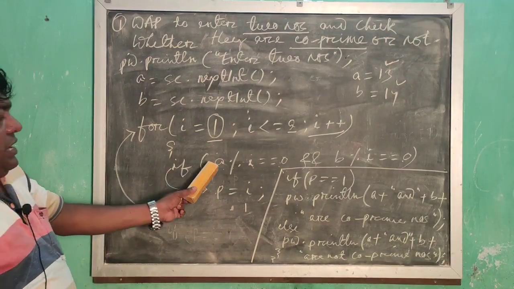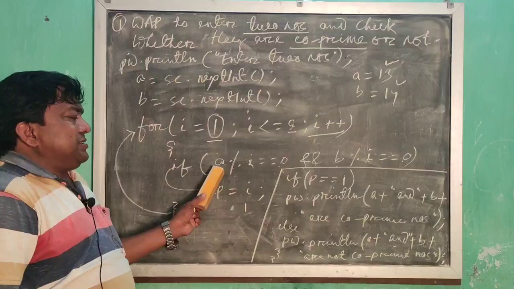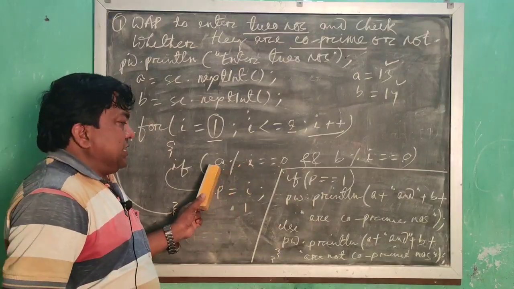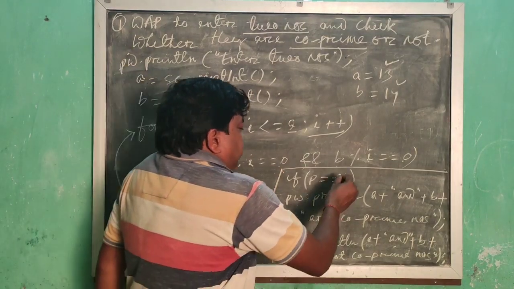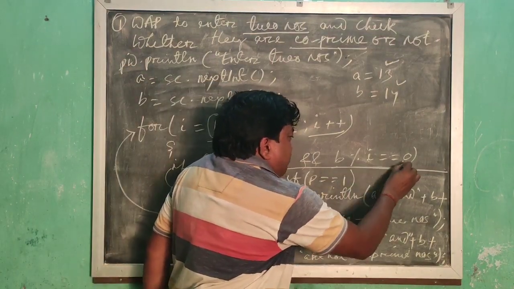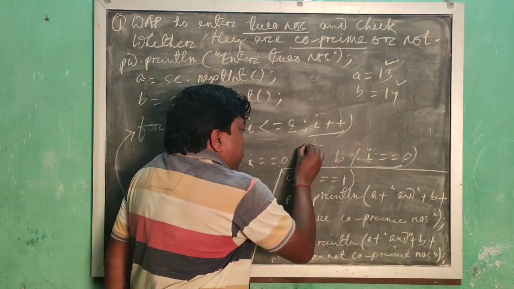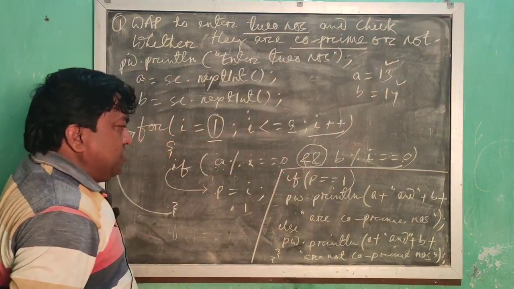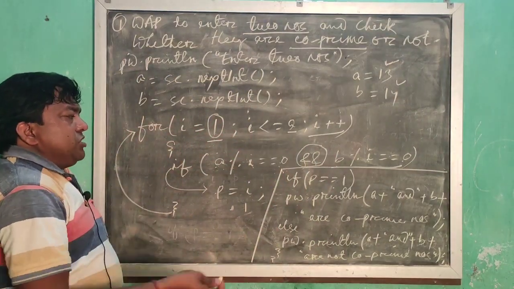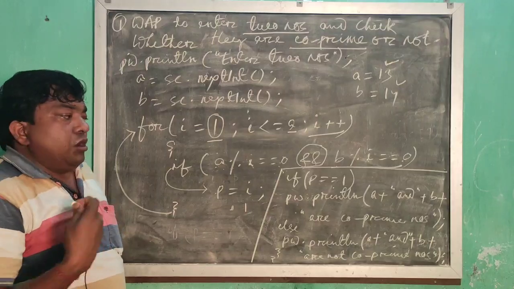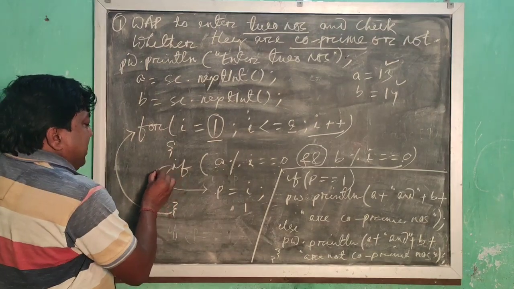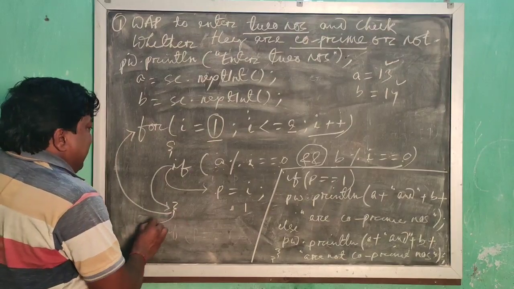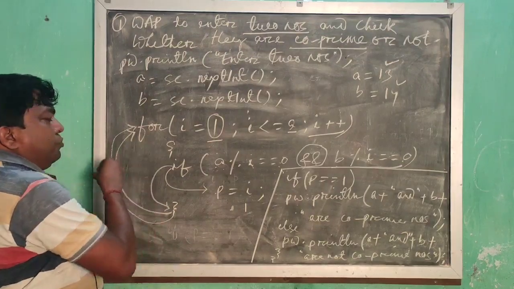Then a is 13, i is 2, 13 modulus 2 equal to 0, no. Then it will not go to the next condition, because here we use the AND operator. AND operator means if one condition is false, then the whole expression is false, so it comes out and goes back to the for loop.